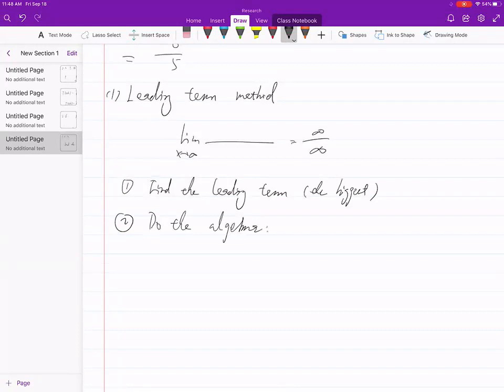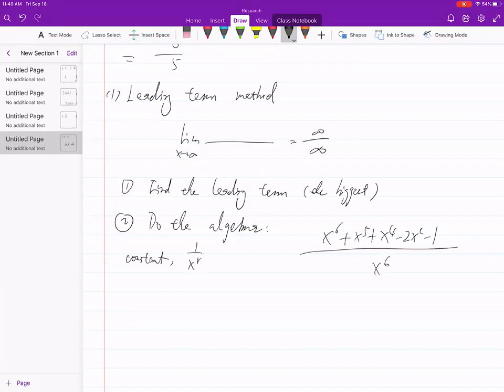What's going to happen? Let's do this. You divide by the leading term. The leading term is going to be divided by itself, right? So it's going to give you a constant. We love constants. Everything smaller than the leading term is going to give you something like 1 over x to some power.